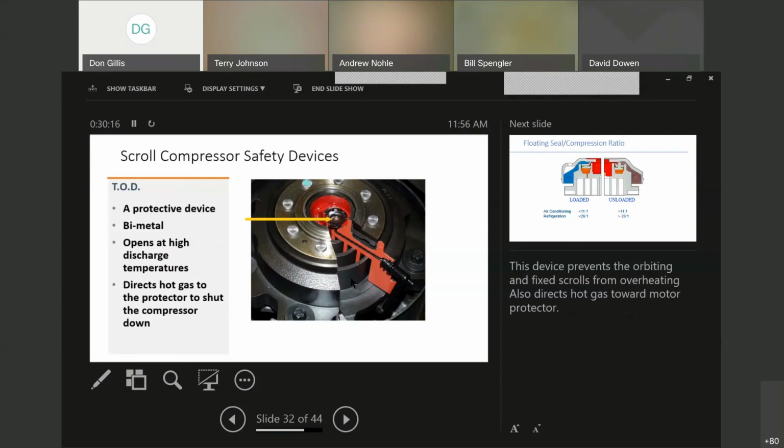The device prevents the orbiting scroll and fixed scrolls from overheating, and also, again, it directs the hot gas towards that motor. So this opens up. You can see this fixed scroll has a little channel or a hole bored through it. You can't really tell it all that well because it's dark on dark here, but this is actually 90 degrees down, and it's shooting down on that safety device we talked about earlier.